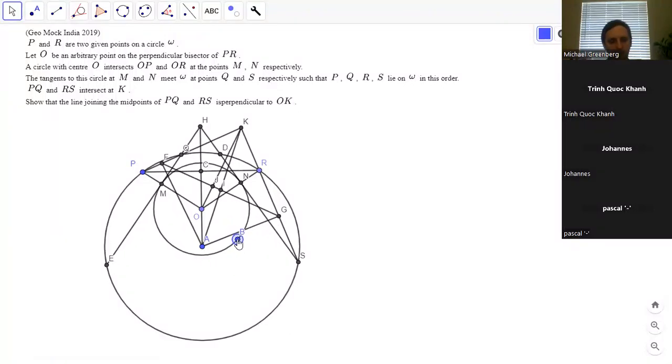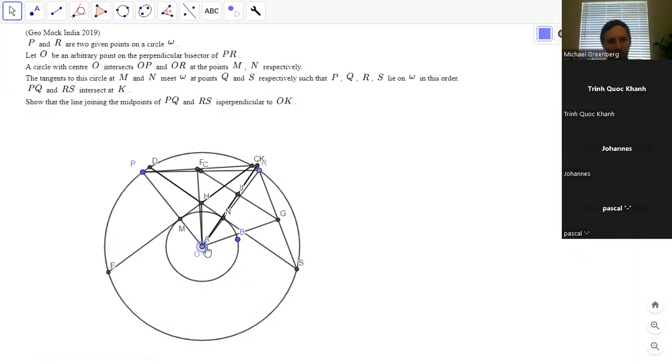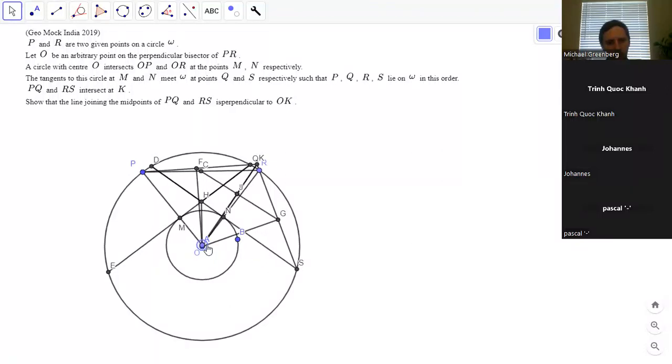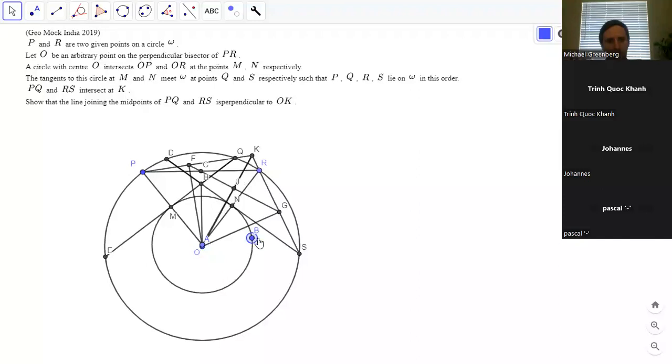We vary the, if O equals A, is it obvious? Let's see, if O equals A, then we have two tangents to the circle, Q and S. And maybe that'll give us some insight.